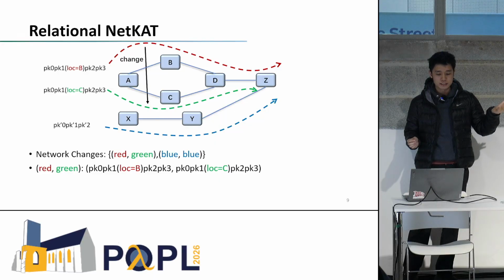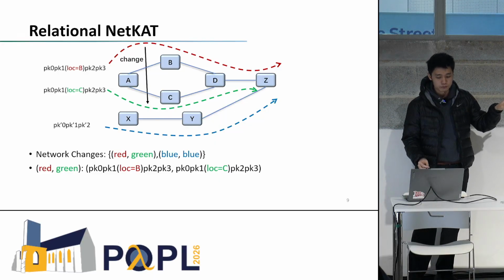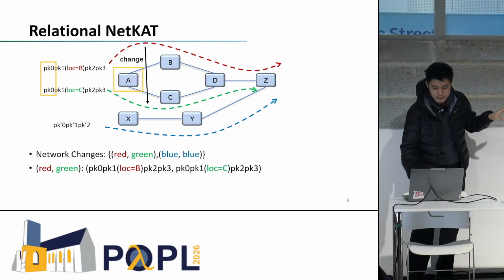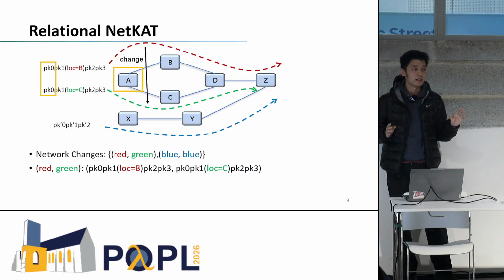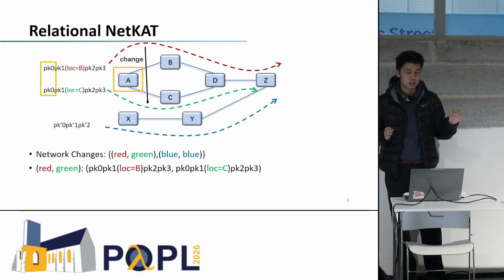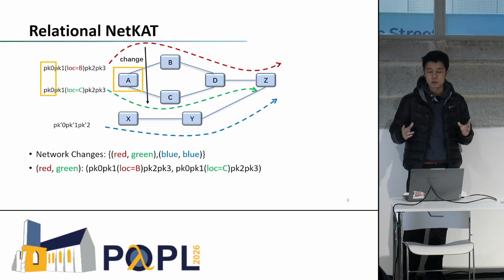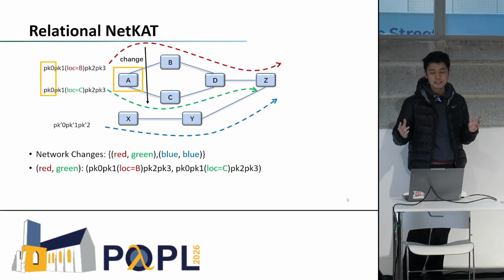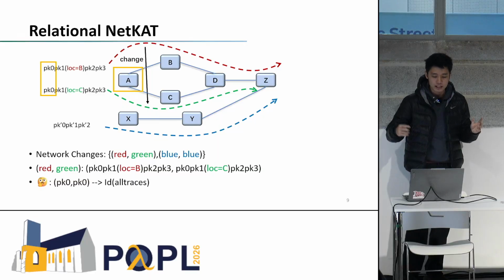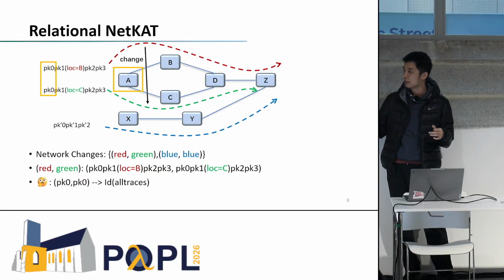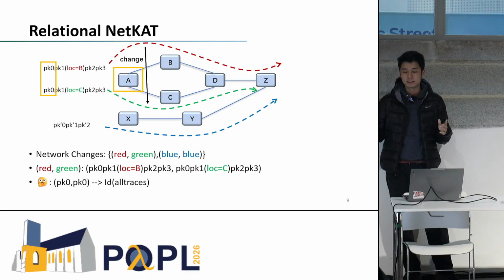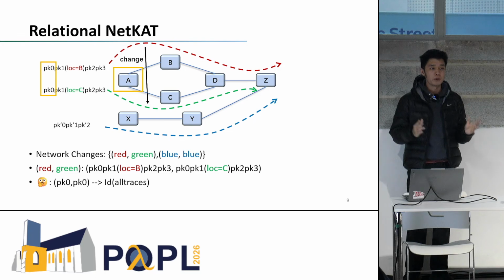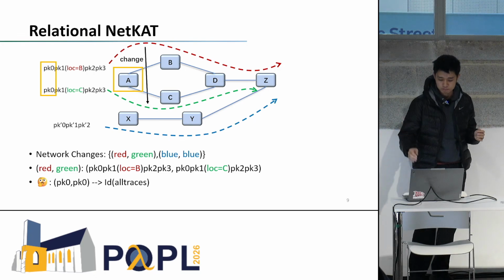First, let's look at the things that happen at device A, before we enter device B, where nothing has changed at all. Therefore, the first atomic we need to describe this kind of trace relation is a relation suggesting nothing has changed at all. We would like to use the construct ID of traces, suggesting that all of the traces should be mapped to itself. Nothing has changed from the pre-network to the post-network.